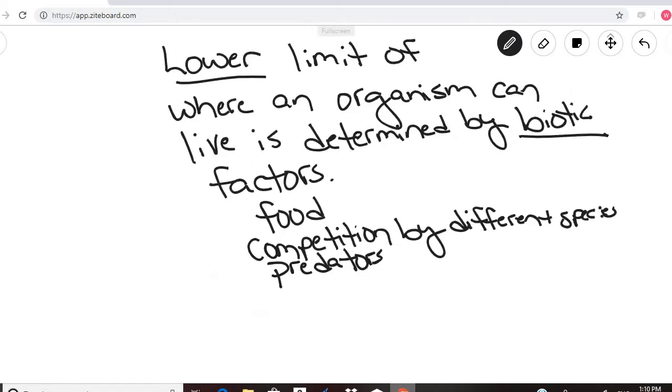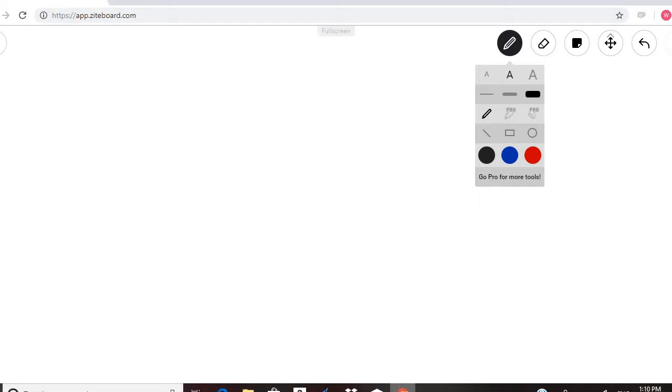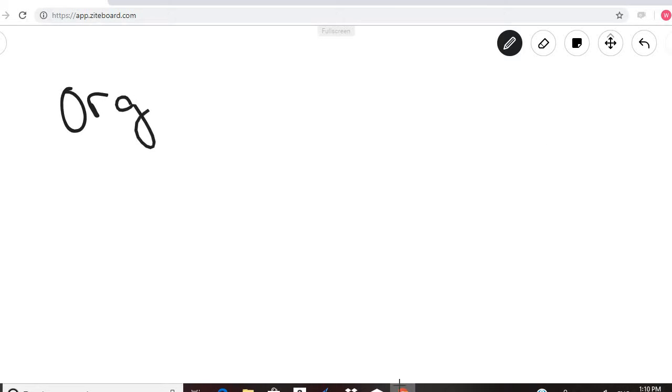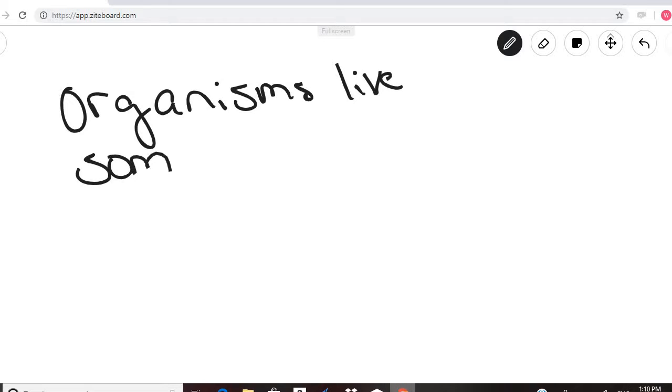And so what we believe happens is that organisms live somewhere between these two limits.